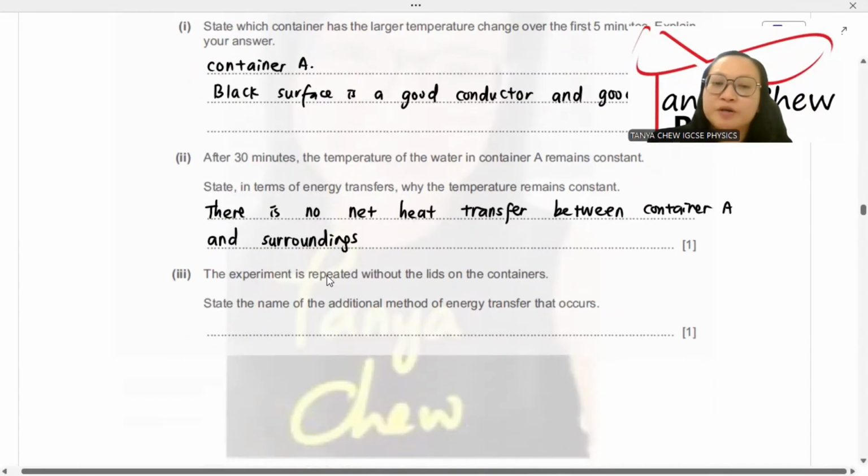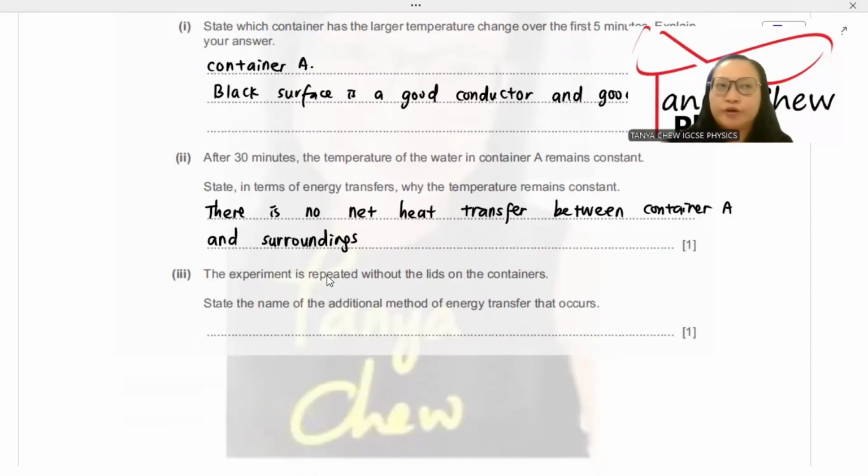Third part, the experiment is repeated without the lids on the container. So I open up, right? And the surface of the water in container A and B are exposed to the surrounding air particles. State the name of the additional method of the energy transfer that occurs.